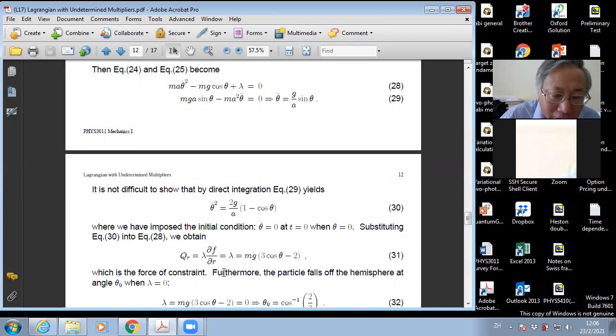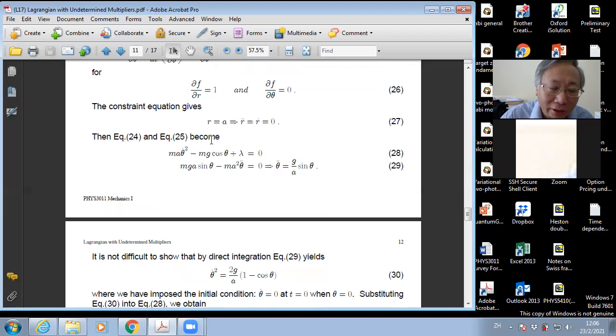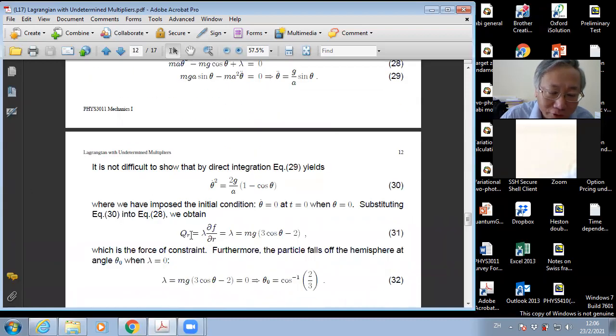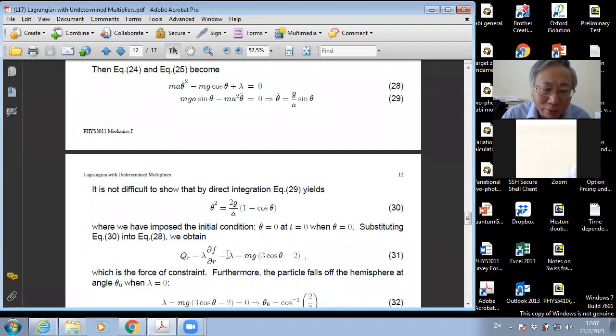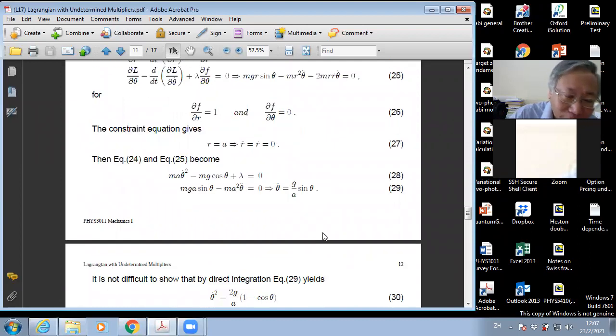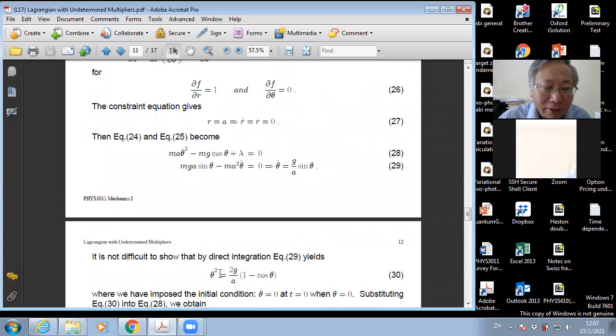The generalized force of constraint in the r direction is given by lambda times partial f partial r, and partial f partial r is equal to 1, given here. So the generalized force of constraint in the r direction is equal to lambda, and lambda is equal to mg times 3 cosine theta minus 2, as shown here. Because we know theta dot squared, we substitute here and obtain the result.